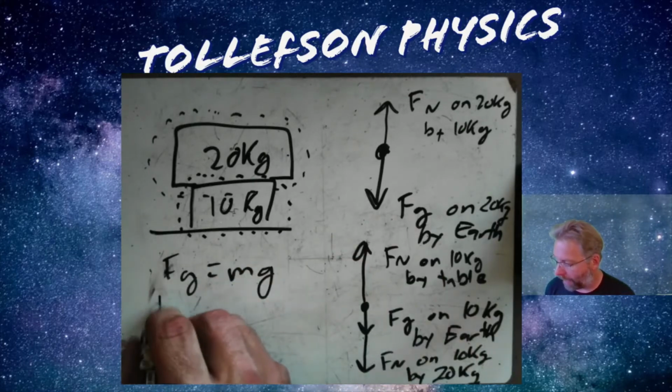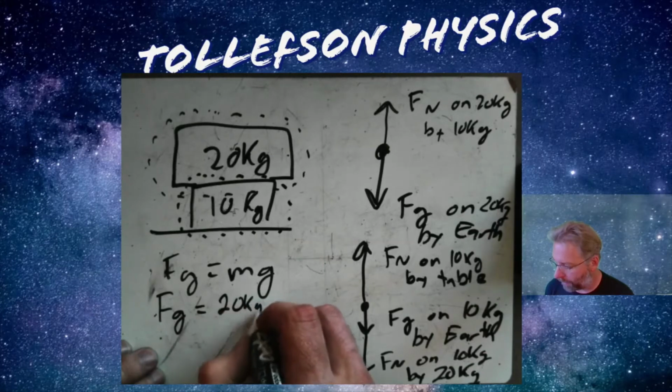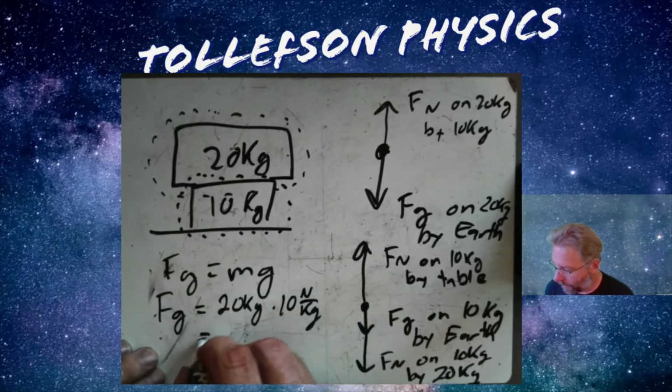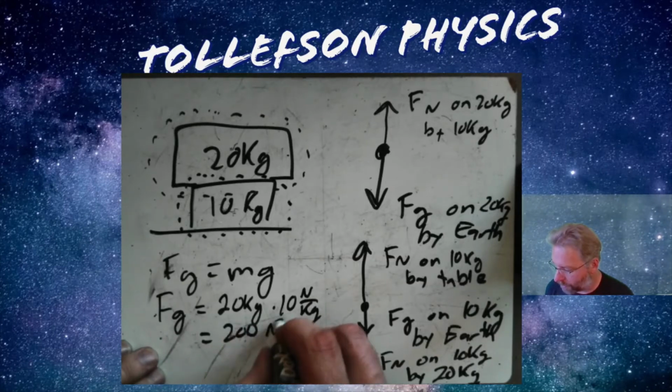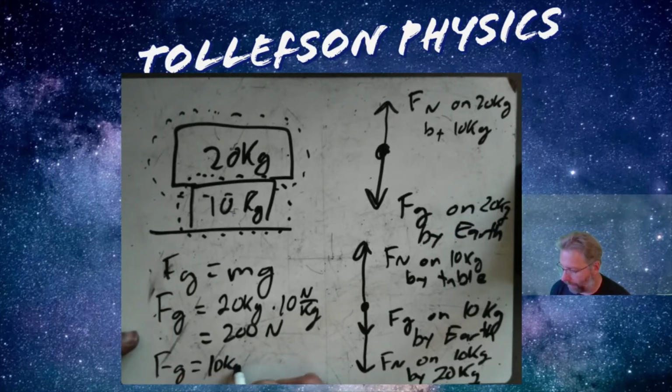So for the top block, force due to gravity equals a mass of 20 kilograms times 10 newtons per kilogram. And so that for the top block equals 200 newtons. And if I do the same thing for the bottom block, it equals 10 kilograms times 10 newtons per kilogram, that equals 100 newtons.